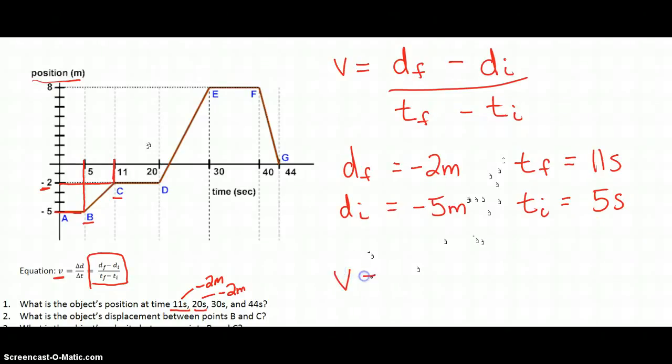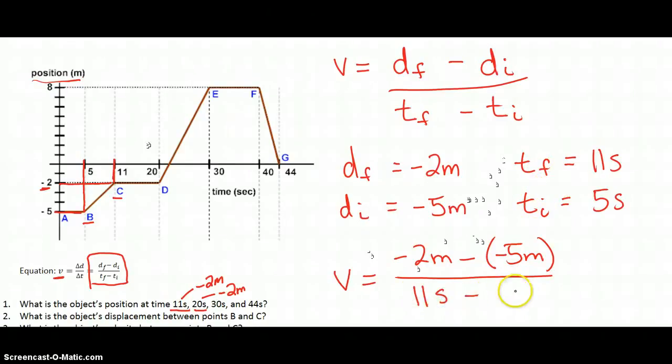So my velocity here is d sub f minus d sub I, so negative 2 meters minus negative 5 meters, divided by my final time minus my initial time, so 11 seconds minus 5 seconds. This is going to be the same as 3 meters divided by 6 seconds.